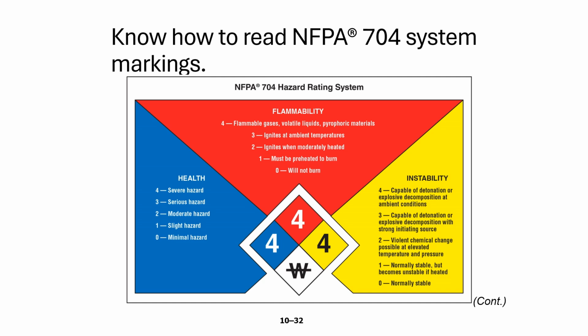Inspectors may see other symbols in the white quadrant on older placards, including the trefoil radiation symbol. So when you look at your slide, we've got the 0 to 4 rating for instability, flammability, and health, with blue being health, red being flammability, and 4 being the instability of the material.